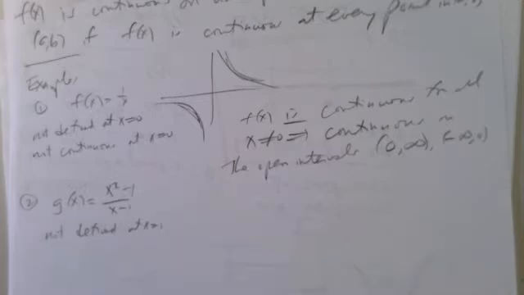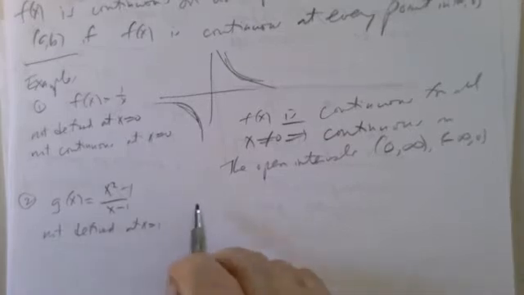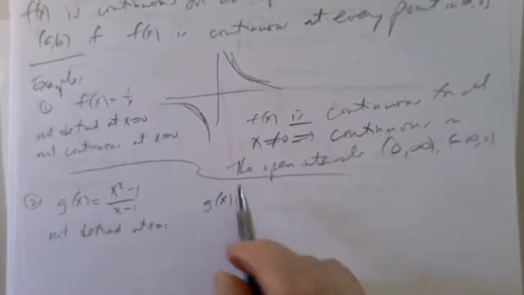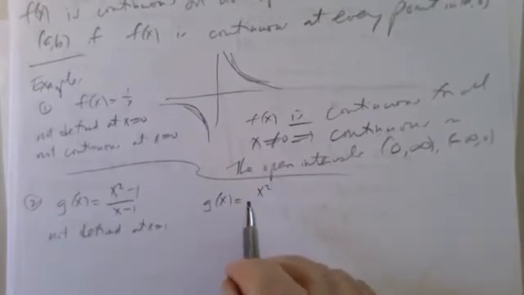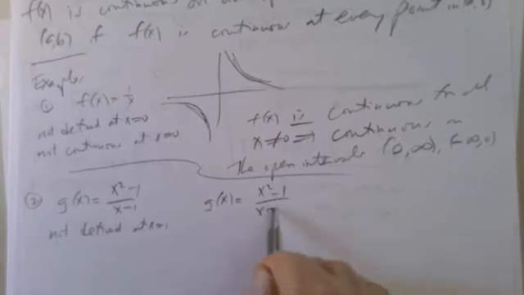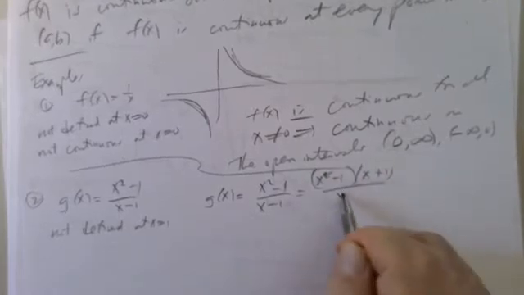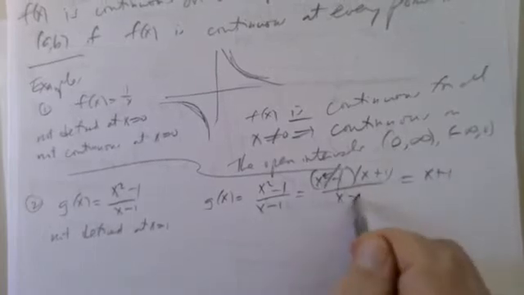Let's look at another example. Suppose we take the function g of x equal to (x squared minus 1) over (x minus 1). So this is not defined at x equal 1, since you can't divide by 0. On the other hand, you can say the following: for x different from 1, you can factor x squared minus 1. It's (x minus 1)(x plus 1). And these terms cancel.